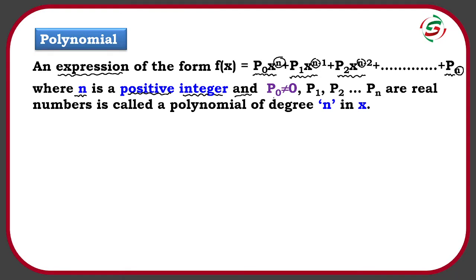And you just see p naught must not be equal to 0. Therefore p1, p2, p3 are real numbers, and this is called a polynomial of the degree n in x. That means here x is the variable.